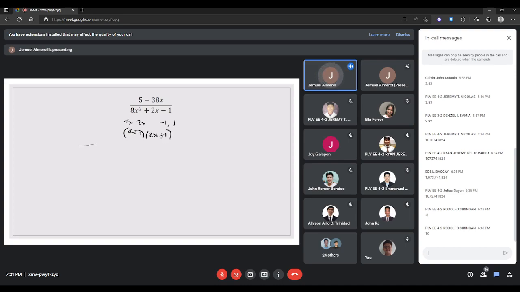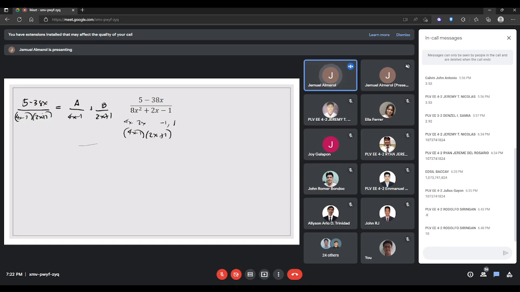So, makukuha natin positive 2x sa gitna. No? Okay. Okay, rewrite na lang natin. 5 minus 38x all over 4x minus 1 times 2x plus 1. So, A over 4x minus 1 plus B over 2x plus 1.